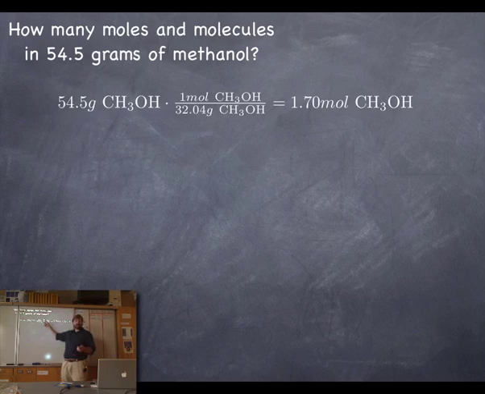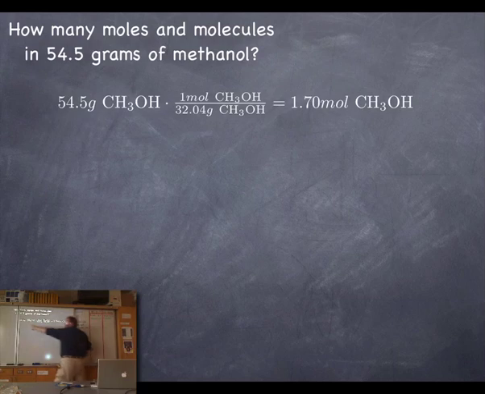Yeah, we just calculated what is called the molar or molecular mass, right? The molar molecular mass comes from the periodic table. We added up the atoms in the molecule. 1 mole of methane molecules has a mass of 32.04 grams.